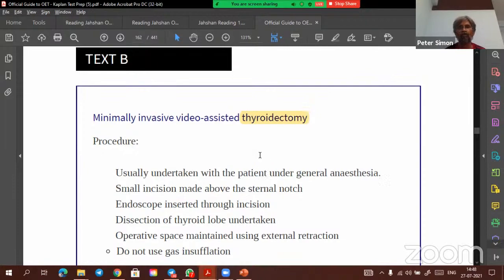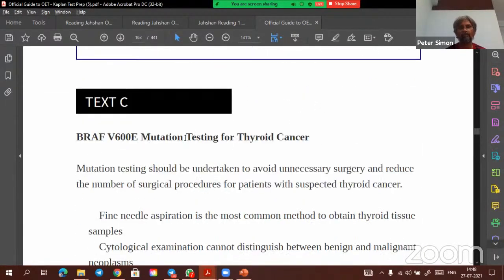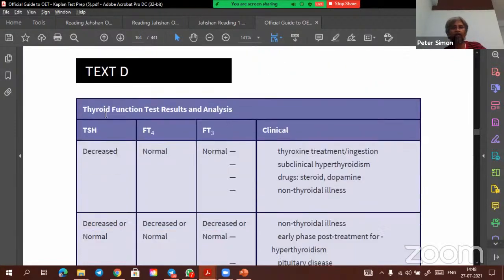Next, C. C is about testing. First one is diagnosis. B is thyroidectomy. C is testing. And D is thyroid function test results and analysis. Analysis means research.